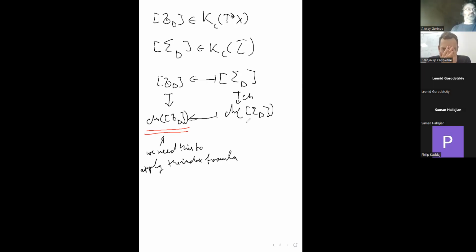Okay, so this thing lives in the reduced cohomology of the Thom space of the bundle calligraphic T. Now I want to apply the inverse of the Thom isomorphism.